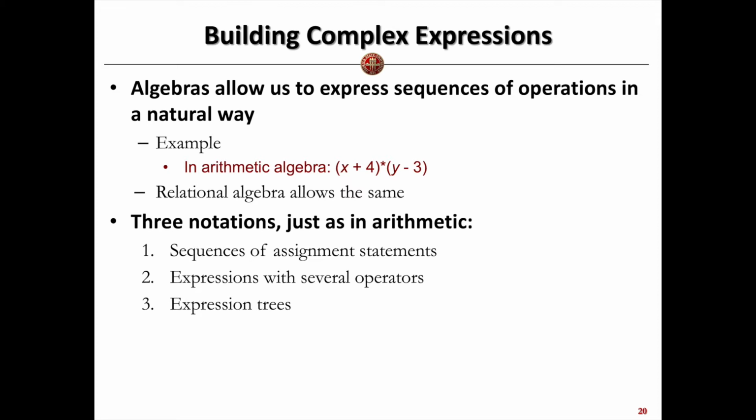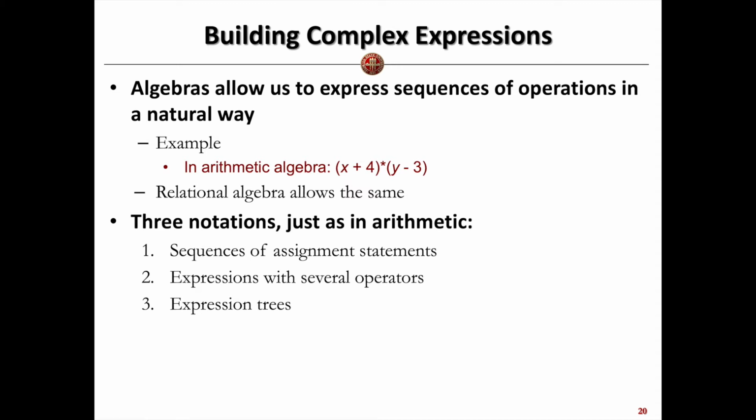Before we talk about relational algebra, we can provide you with some other representations. We can represent the same expression in elementary algebra, x plus 4 times y minus 3. Besides this one, do we have any other ways to represent it?